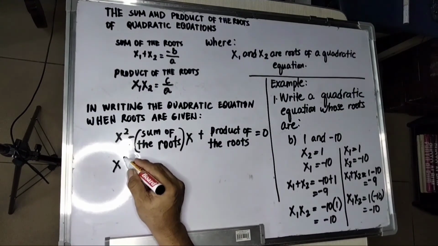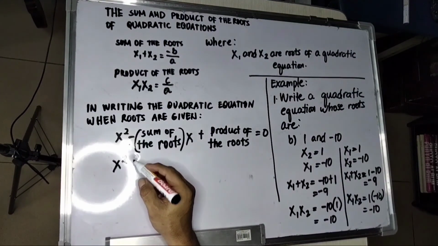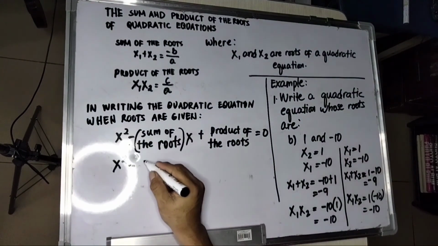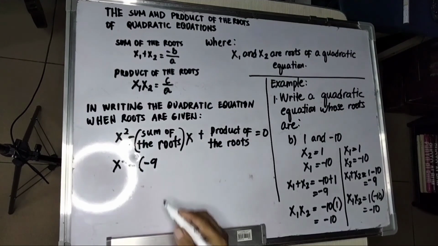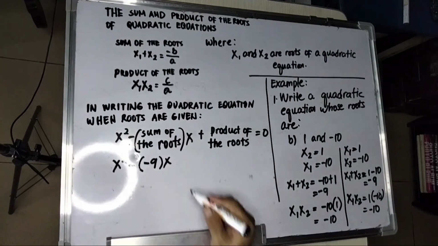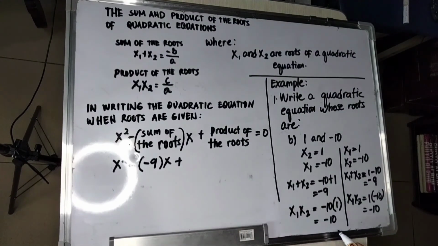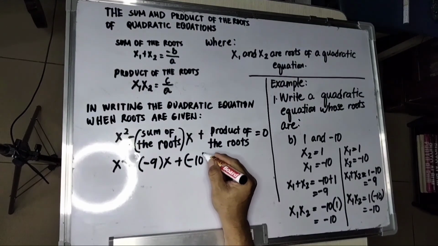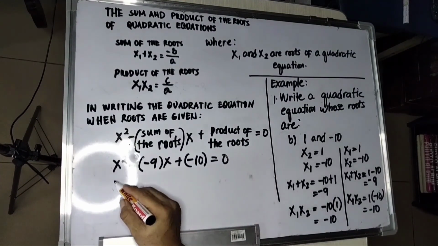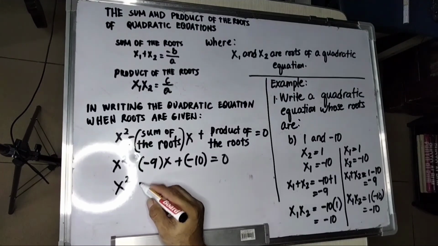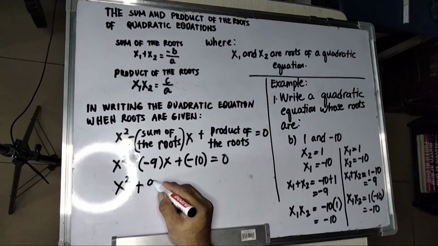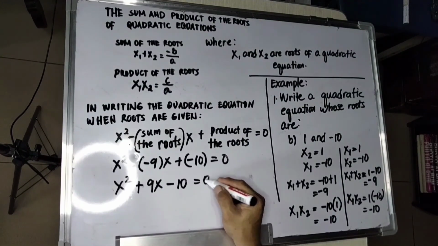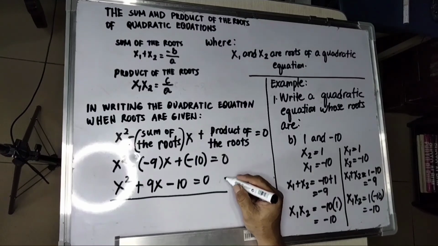Since we have x as our variable, write x squared minus the sum of the roots, which is negative 9, times x plus the product of the roots, which is negative 10, equals 0. x squared, negative times negative is positive 9x. Positive times negative is negative 10 equals 0. And this is now the equation.